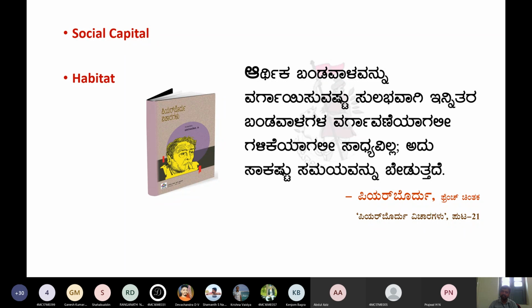Reservation is to overcome the problem of social capital. It is nowhere related to financial capital. It is not about having money. It is about having social capital. It is provided for the deprived class who lack social capital. That is how you have to understand social capital properly. Even for creativity, social capital and habitat play a vital role.